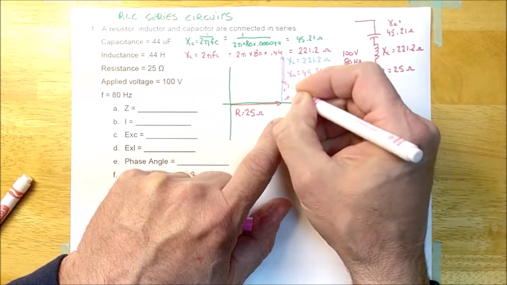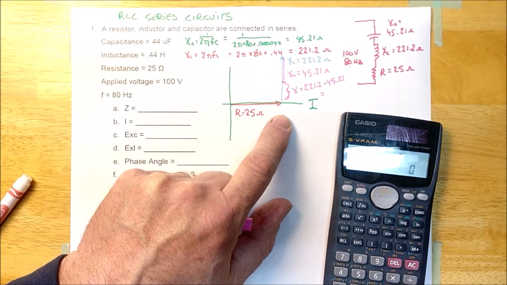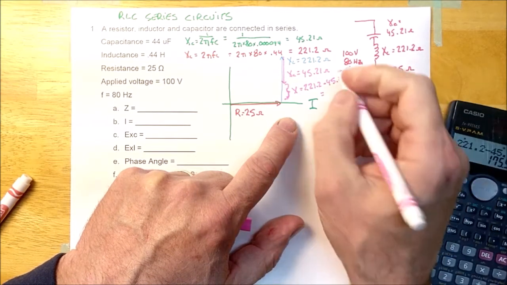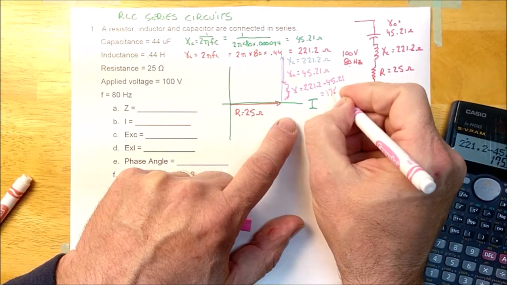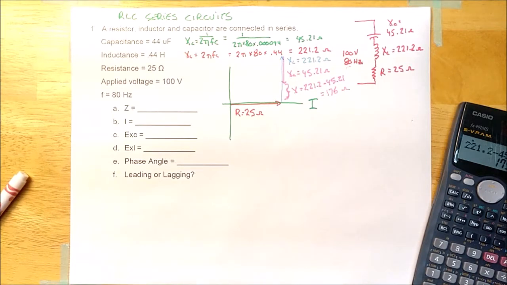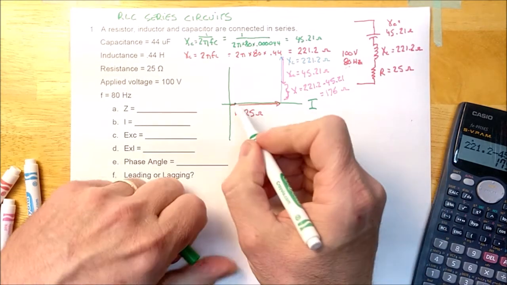And so X here, that little line right there, is going to be 221.2 minus 45.21, 176 basically. Okay, so we're going to just call that 176 ohms.